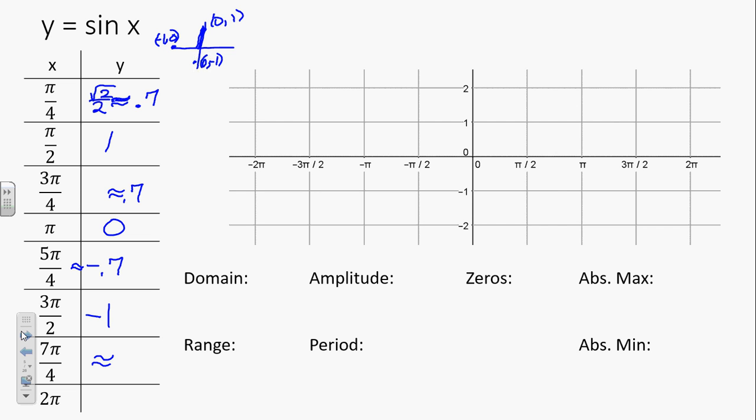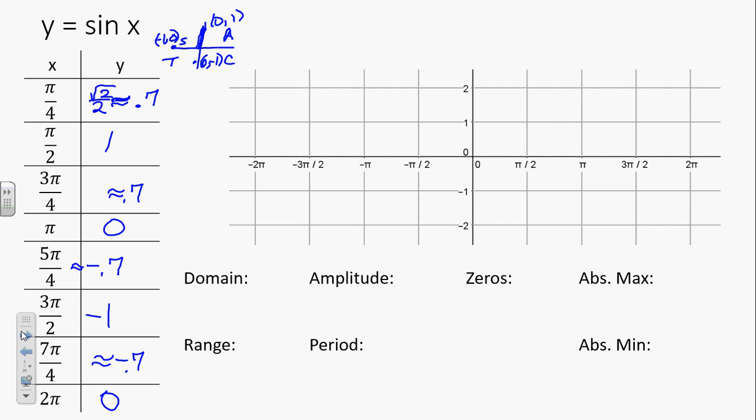Positive or negative? In the fourth quadrant, all students take calculus, sine is negative, so negative 0.7 again. And then at 2 pi, 0. The y value will be 0.